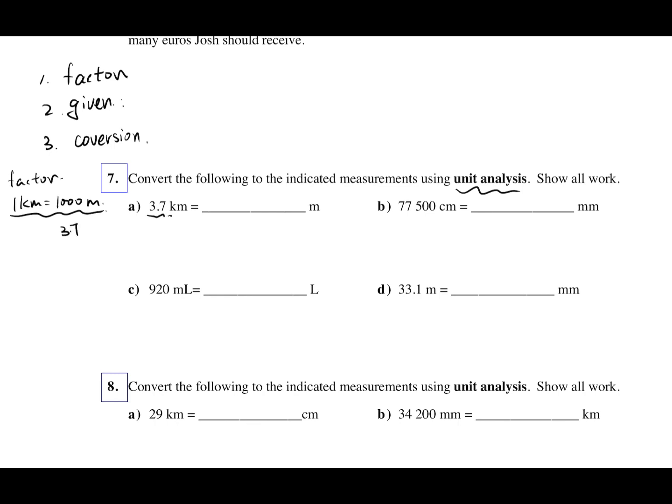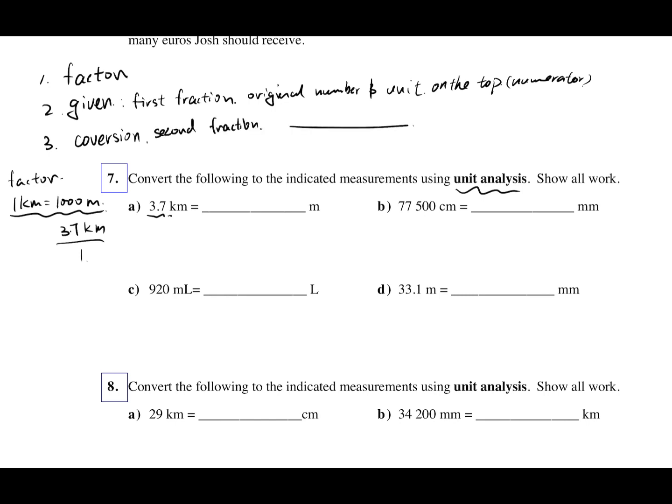So we write the first fraction, with the original unit on top as the numerator, so we can write 1 here, and the second is the second fraction. The unit to cancel goes in the numerator, so kilometers, and the other unit is meters.